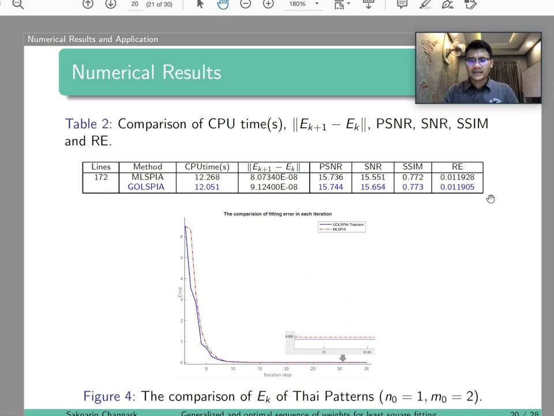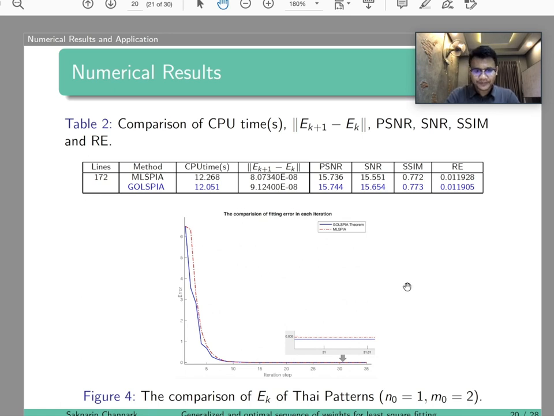And for the RE value, if it is close to 0, the quality of the image is high. So GOLSPAA has a value closer to 0 than MLSPAA. So we can conclude that the image quality from GOLSPAA is greater than MLSPAA.